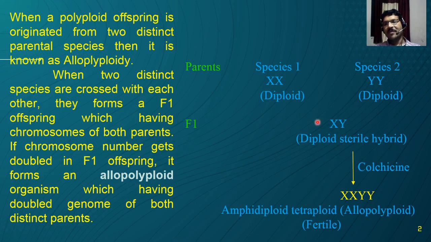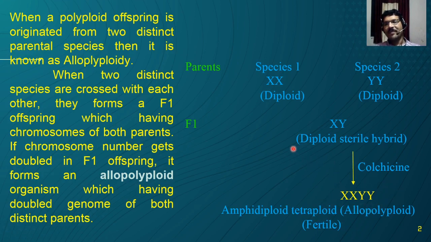But when we give colchicine treatment to this XY, that is the F1 hybrid, it will produce an amphidiploid tetraploid, and there will be pairing of chromosomes and they will be fertile organisms. So allopolyploids are nothing but these amphidiploid tetraploids.